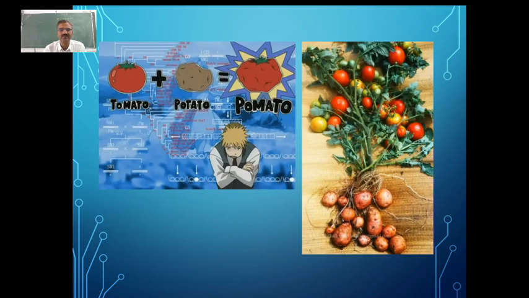You see the beauty of biology. Through plant breeding, we can combine the characteristics of two different plants to get both potato and tomato. This tomato is having very good shelf life, and this potato is a bit juicy compared to this one. So this is how we can make use of the breeding to develop new varieties.